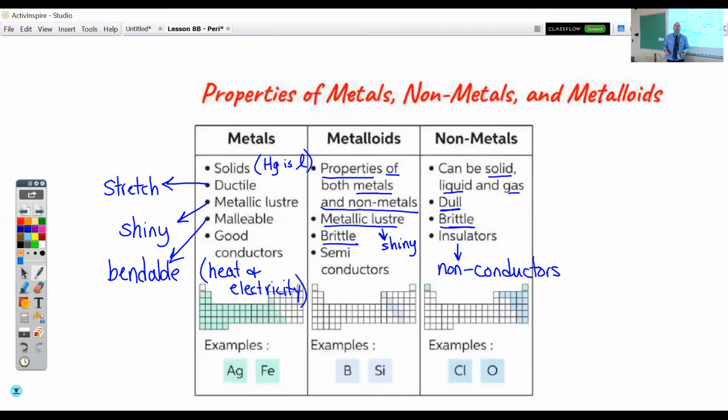The other place where you might hear about insulation is in your house. So the walls of your house and the attic of your house probably has insulation in it. And that's to keep the heat in the house in the winter, where we're headed, or in the summer to keep the heat out of the house. So insulating prevents heat from entering or exiting. Or in the case of a wire, electrical conductivity from entering or exiting.